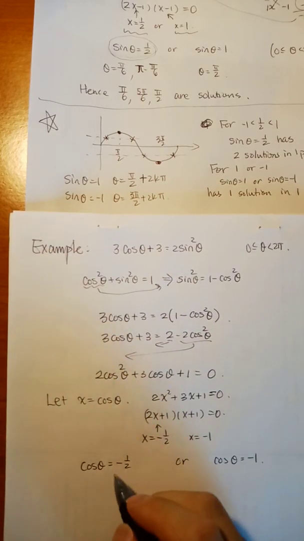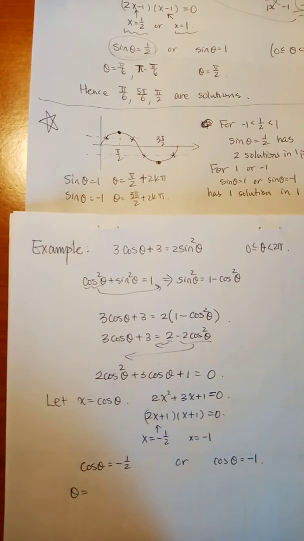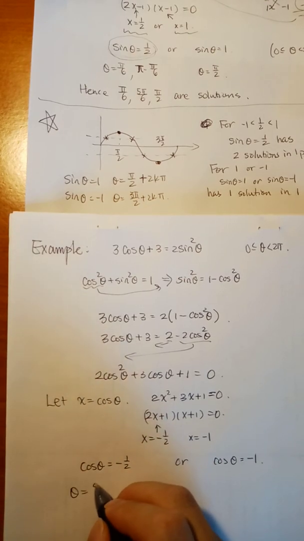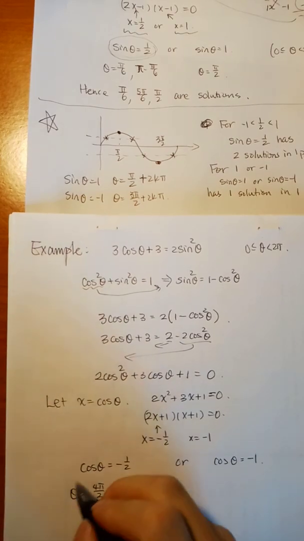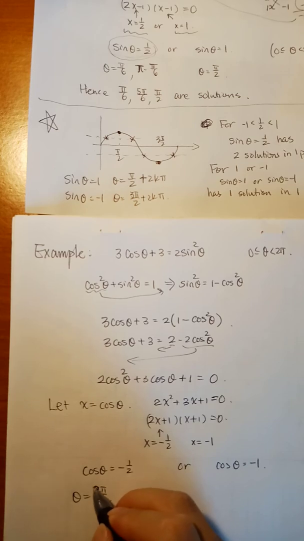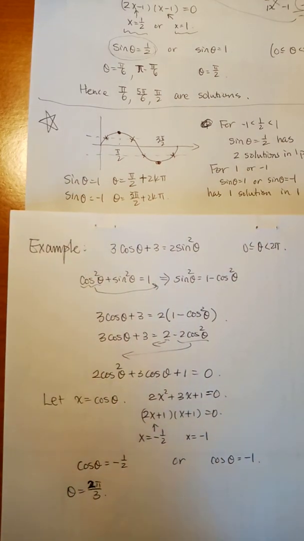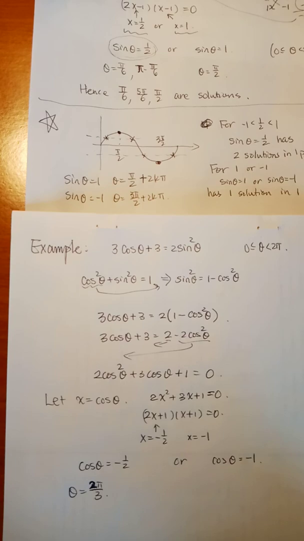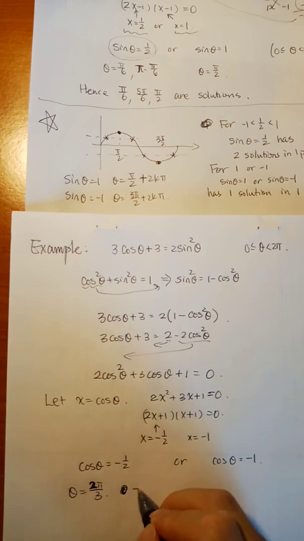This part, what is theta when cosine theta is negative 1/2? Theta is, what's this? It's 4 pi over 3. Oh, sorry, 2 pi over 3. No, not that. 2 pi over 3. 4 pi over 3 is the same thing, but let's use 2 pi over 3. Or you have 2 pi over 3, you have negative 2 pi over 3.